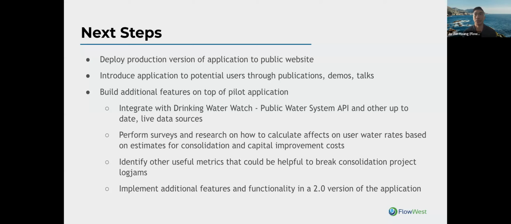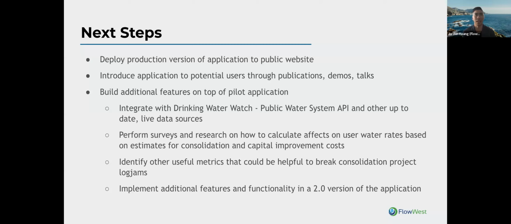Initially that was a little beyond the scope of what we were able to do with that pilot application, but I know that would be extremely helpful for communities and TA providers. So it'd be really great if we were able to implement that into the application. We've definitely had discussions of how we could maybe do it, so I'd love to be able to continue that.